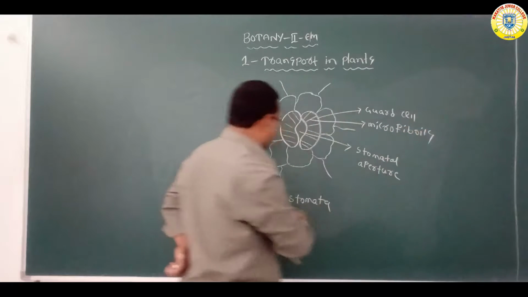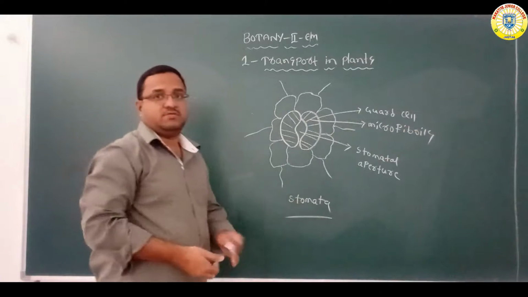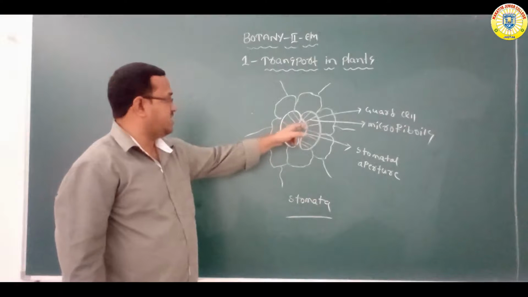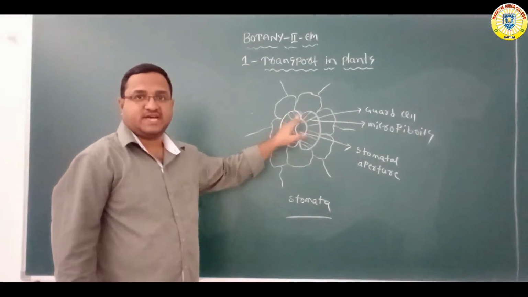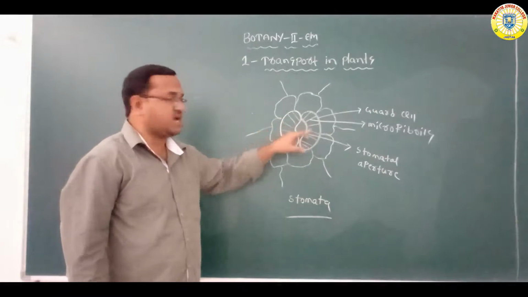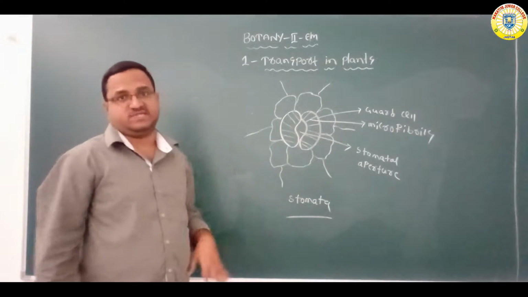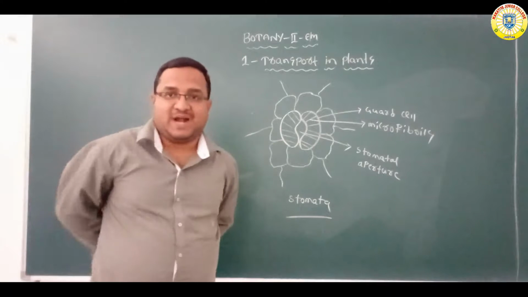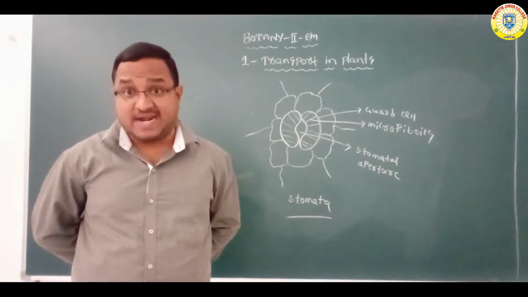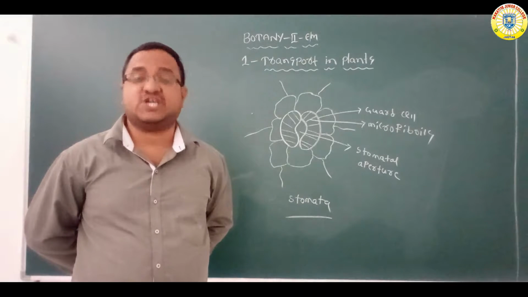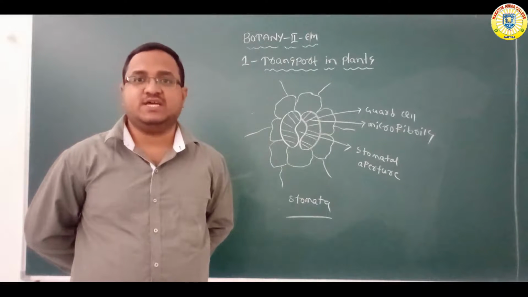So this is the structure of the stomata. In the middle, the stomatal aperture is there. The kidney-shaped two cells are called guard cells. The guard cells have microfibrils. These stomata are very useful for exchange of oxygen and carbon dioxide, and for transpiration.